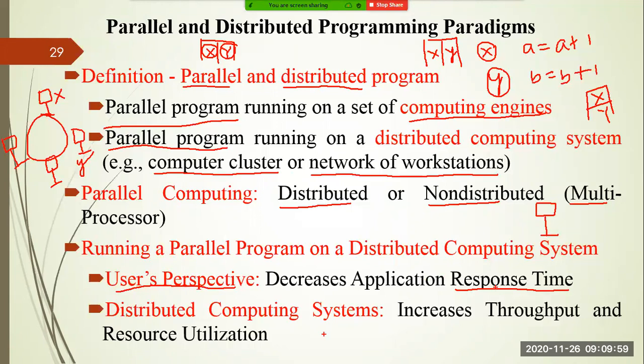But if you see from the angle of a distributed system, what can we say? From the distributed computing system point of view, it increases the throughput, the performance of the system is increased, and the resource utilization is also increased. You have a set of computing engines, but if nobody is going to use those computing engines, then what happens?